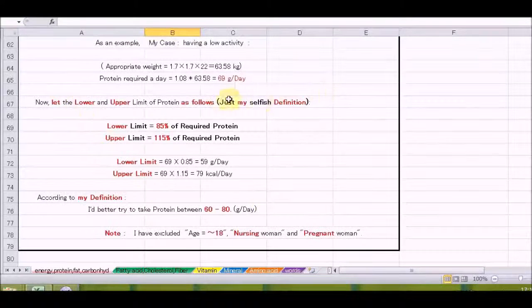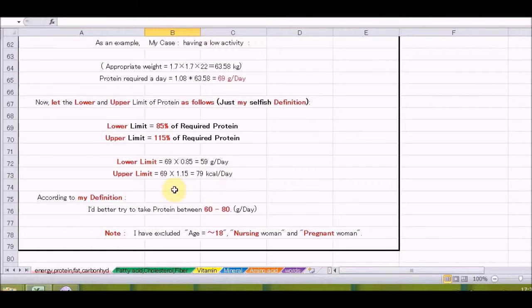Now, just my selfish definition: lower limit, 80% of required protein, and upper limit, 115% of required protein. Just my definition. Lower limit is 59 grams per day.